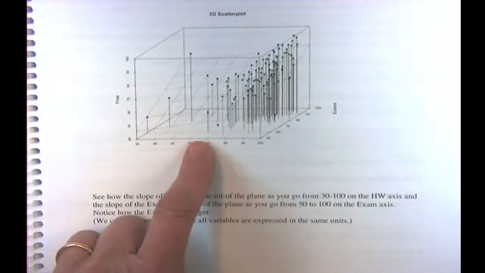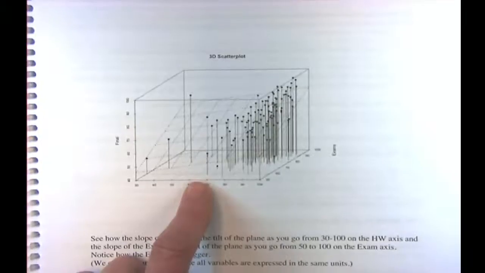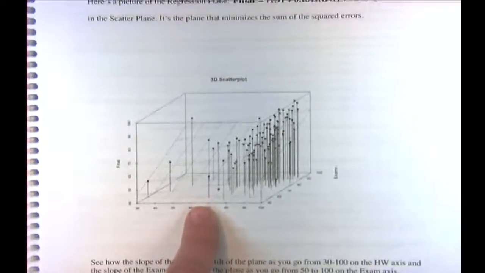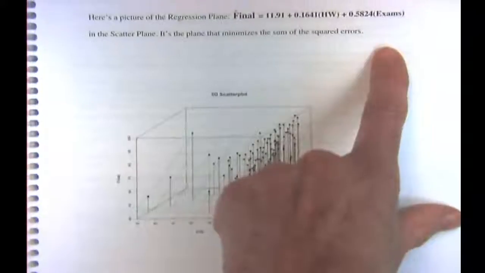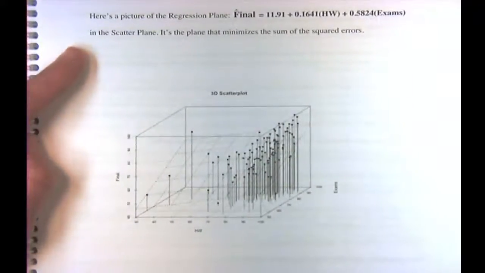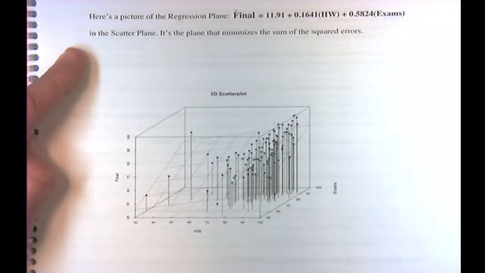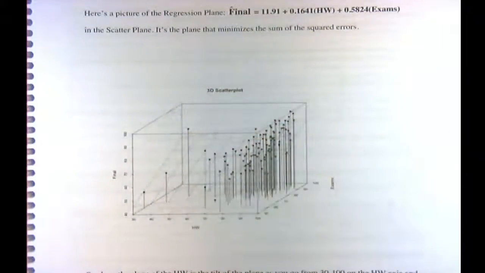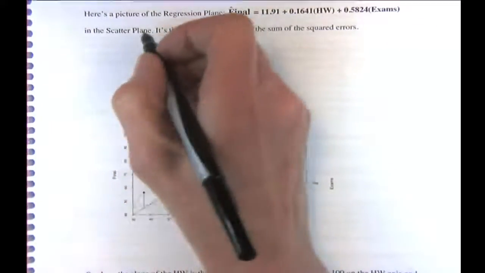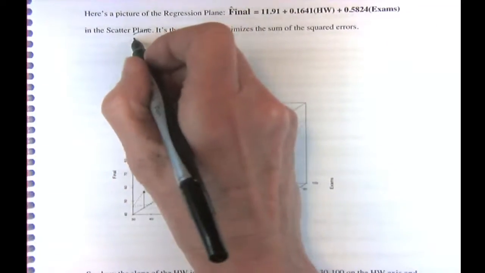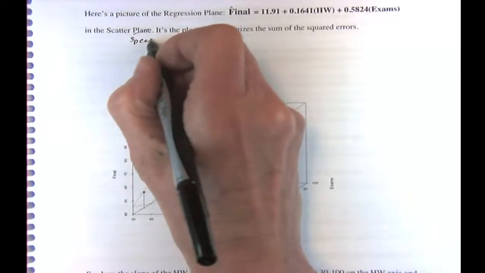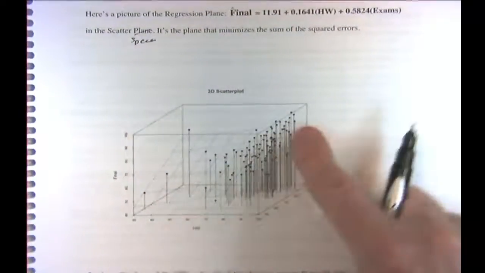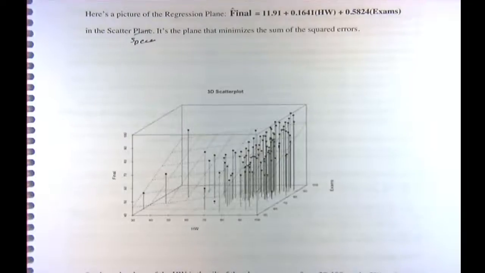And you can see here I fit a plane that does the best job. Here's a picture of the regression plane. It's a plane that minimizes the sum of the squared errors. So it's a plane in 3D space, in the scatter space, whatever you want to call it. So we're fitting the best plane in 3D space.